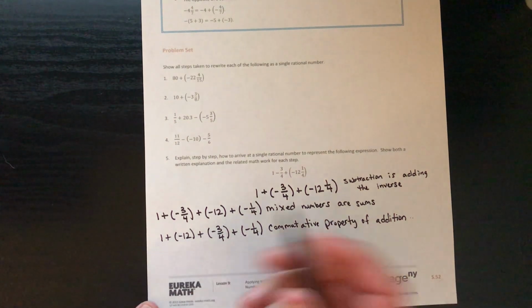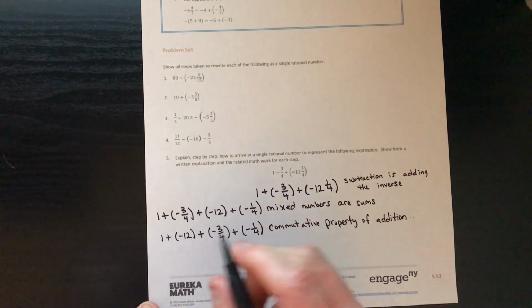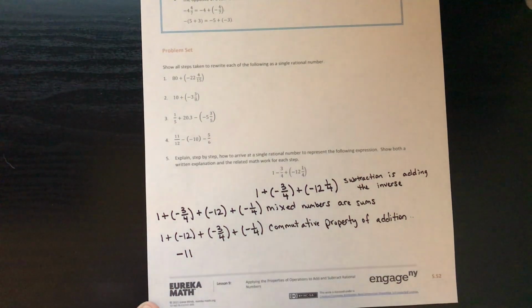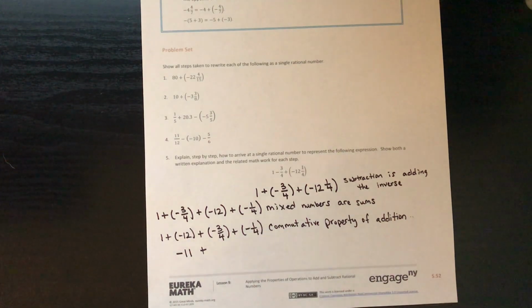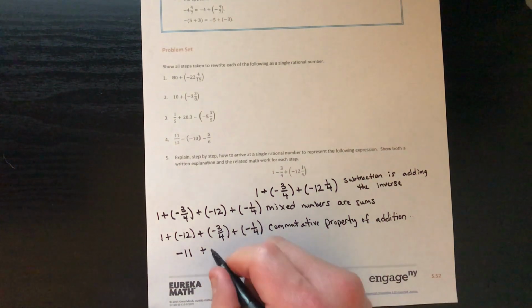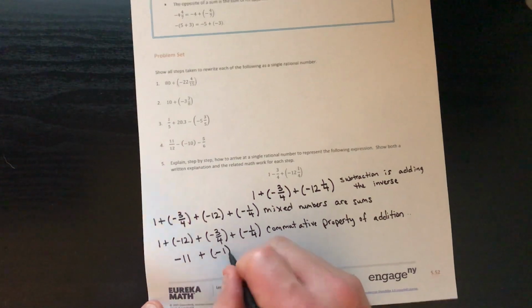Okay, so now I want to add the integers, and 1 plus negative 12 is negative 11, and I'm going to add the fractional parts. I have negative 3/4 plus negative 1/4. Remember that trick: if two numbers are negative and you're adding them, you can just add them as if they were positive and then put a negative sign in front. So 3/4 plus 1/4 is 4/4, which is 1, but they're both negative, so this is negative 1.